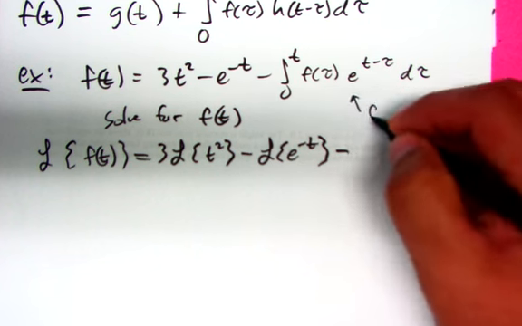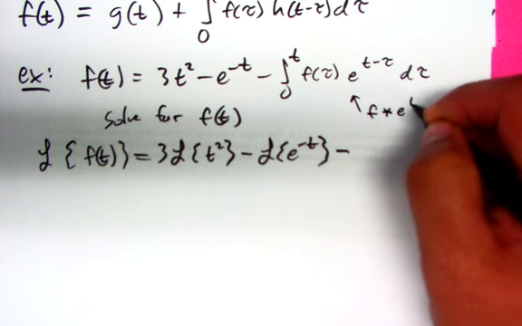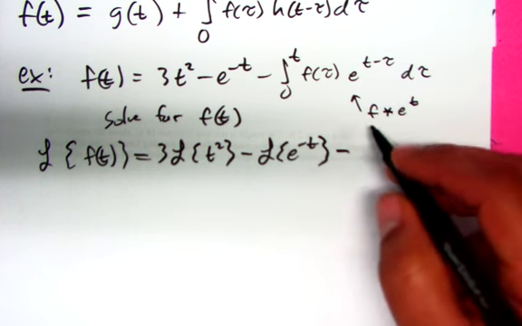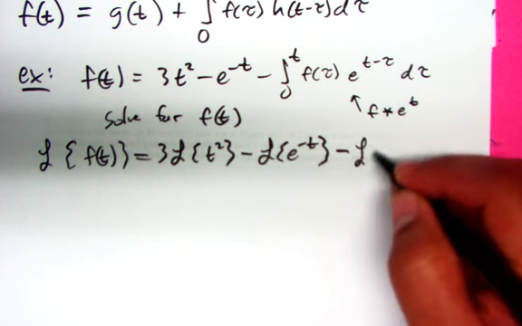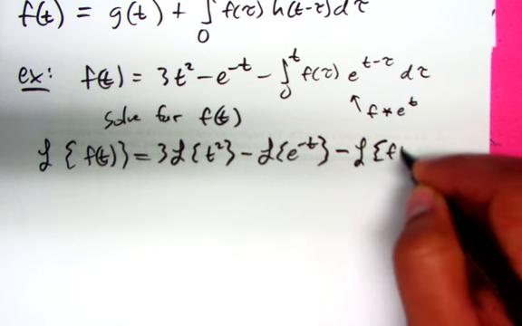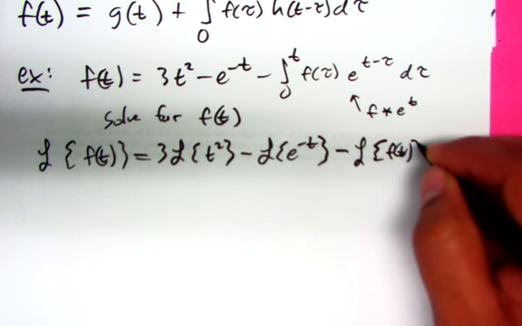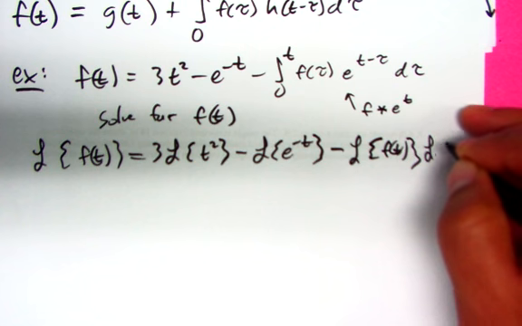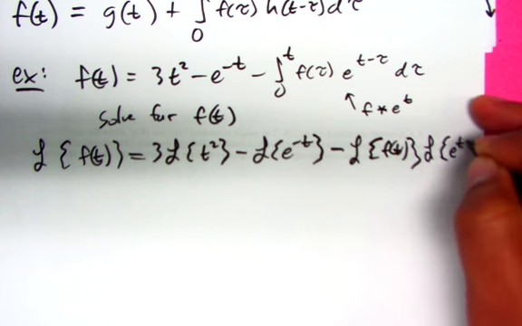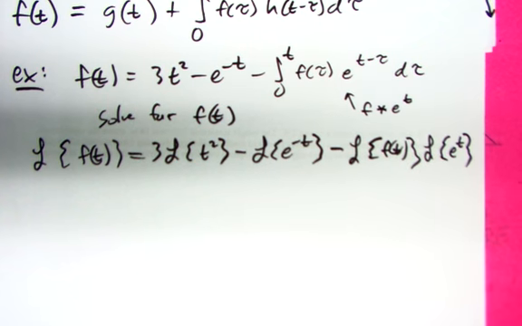When we take the transform of that, it's just the Laplace transform of f multiplied with the Laplace transform of e to the t. You guys remember that theorem? Well, I would recommend reviewing it then.